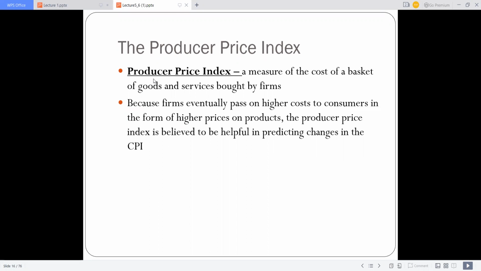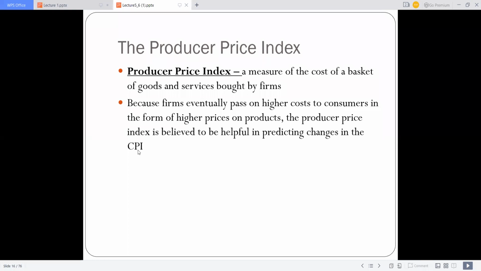So if you go into the exam, and they ask which of these is the best measure of price index, go for producer price index. Okay, it is actually the best way. It even said it here. The producer price index is believed to be helpful in predicting changes in the consumer price index.